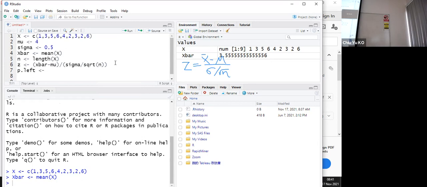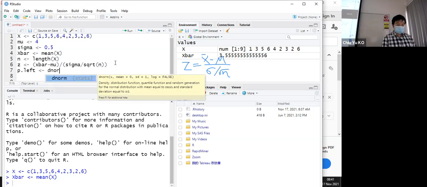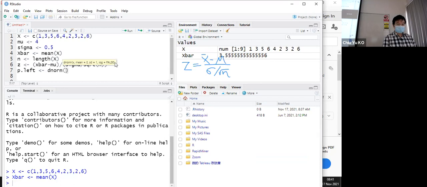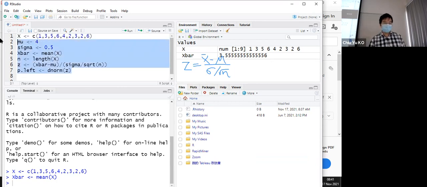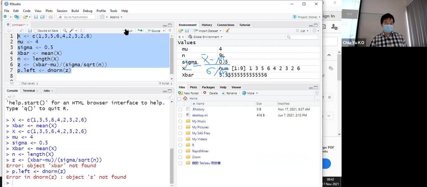It's just pnorm of Z. Because for norm we don't put anything else, it's just the standard normal distribution. So we're done. This is the p-value of this test. Since X bar is small, that should be fine.